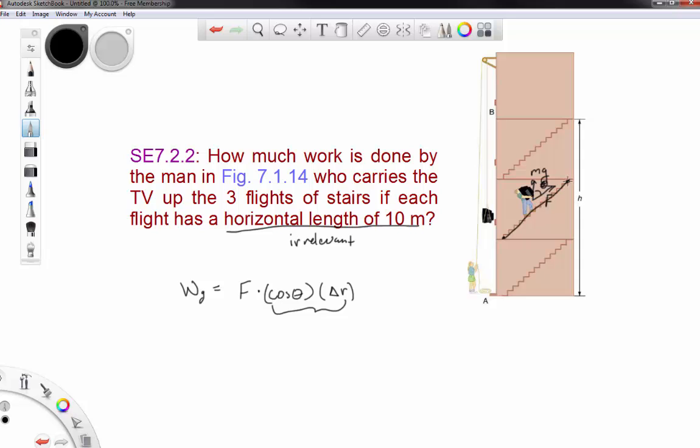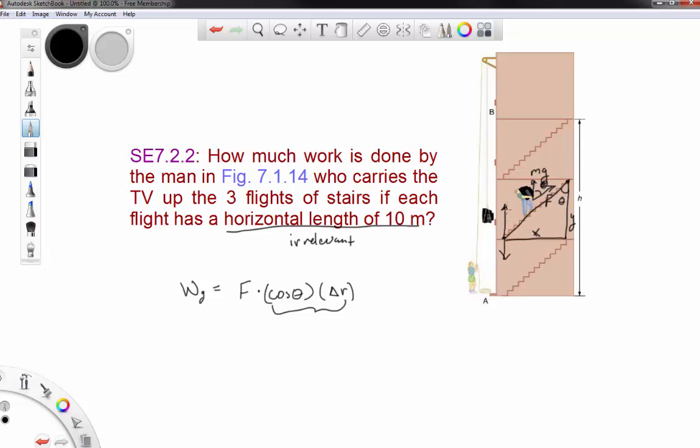But if you were to break that up into x's and y's, so here's x, here's y, the cosine of the angle in question is this angle right here, theta, because the force is actually upward, the gravity is actually in this direction, up, down direction.